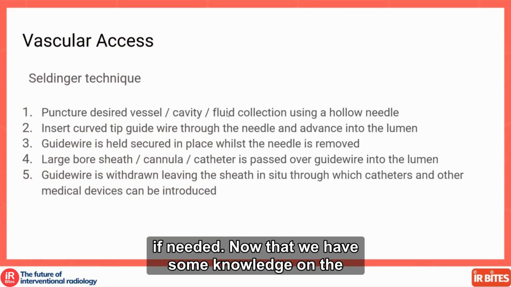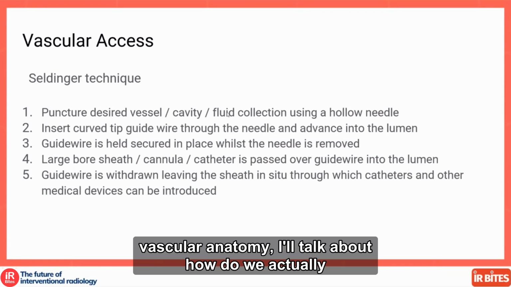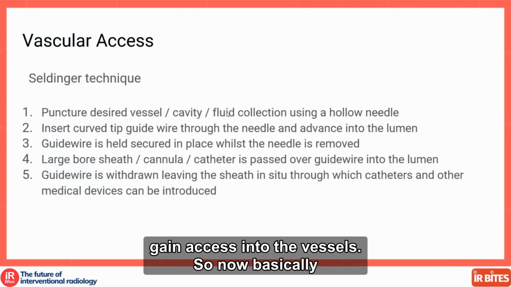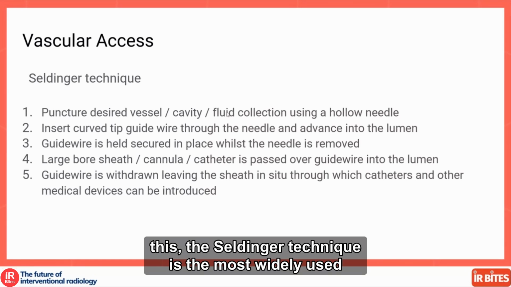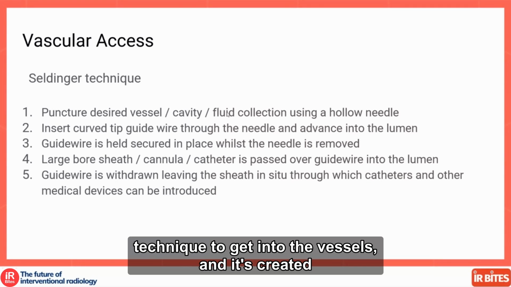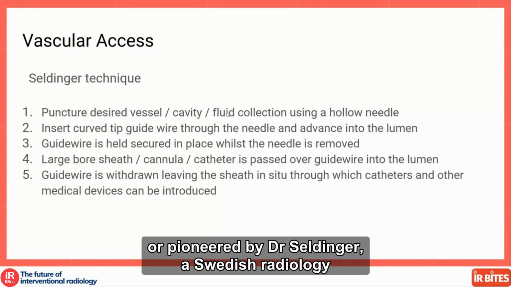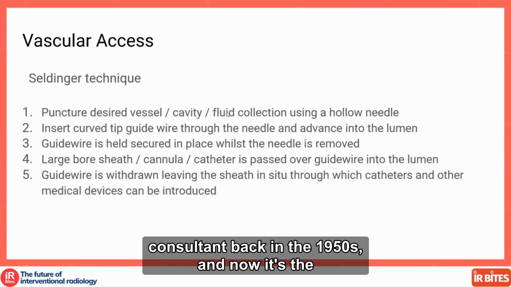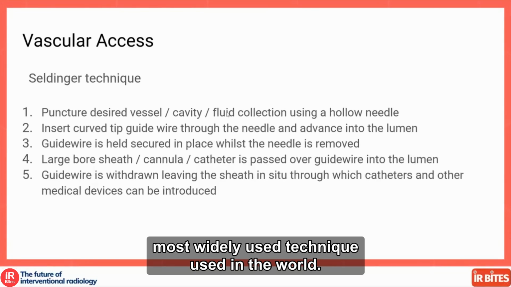Now that we have some knowledge on the vascular anatomy, I'll talk about how we actually gain access into the vessels. So basically the Seldinger technique is the most widely used technique to get into the vessels, and it was pioneered by Dr. Seldinger, a Swedish radiology consultant back in the 1950s, and now it's the most widely used technique in the world.